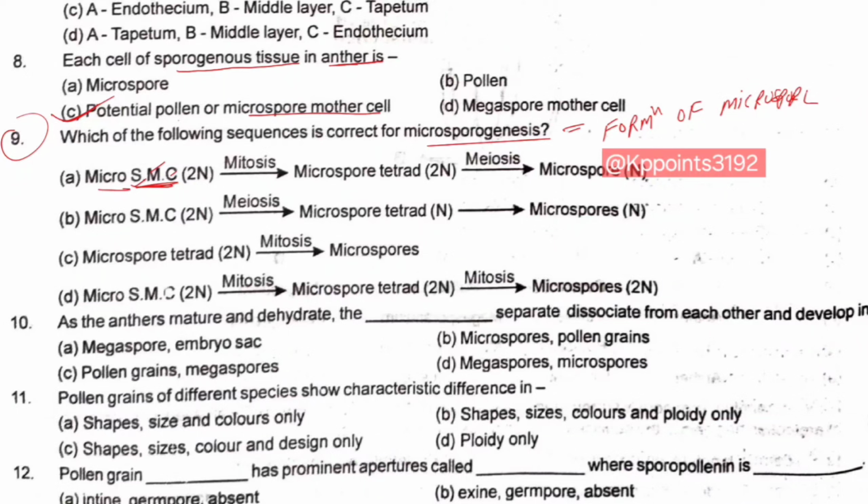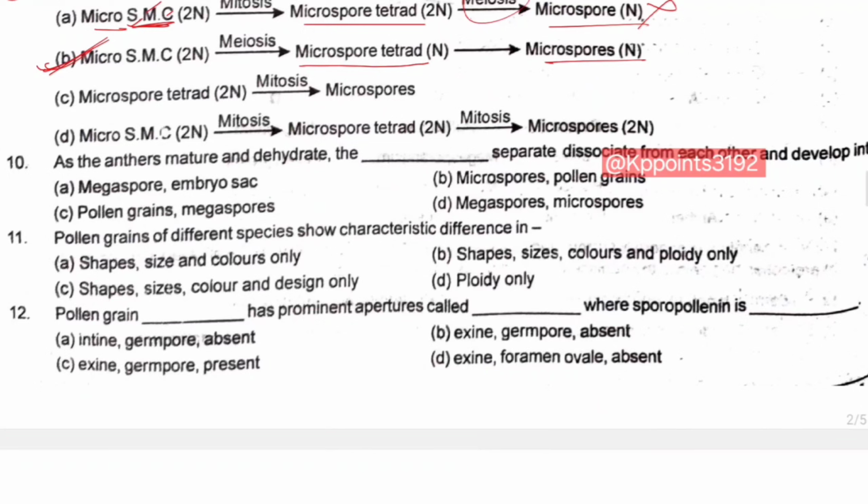Microspore mother cell passing through mitosis, no. Yes, microspore tetrad, and next, microspores are haploid. Clear? Answer is B.